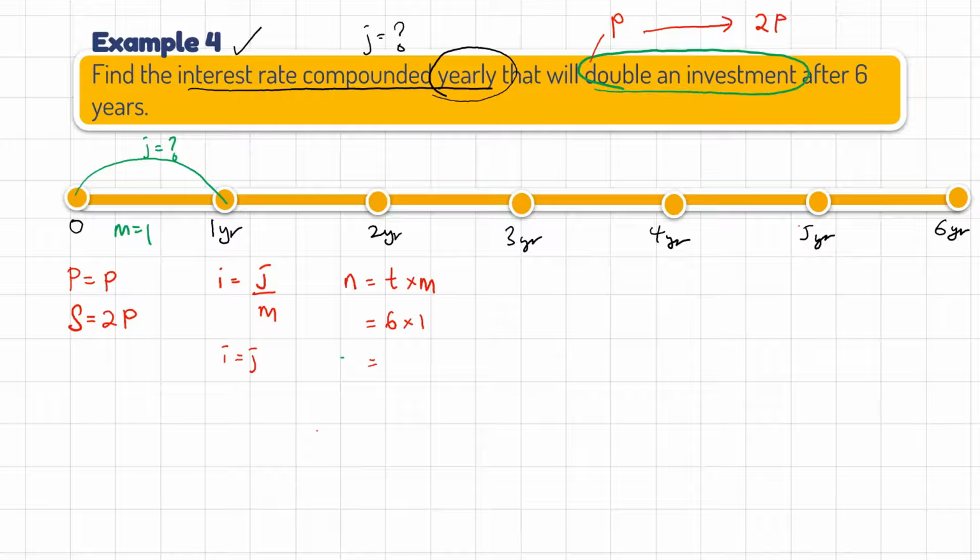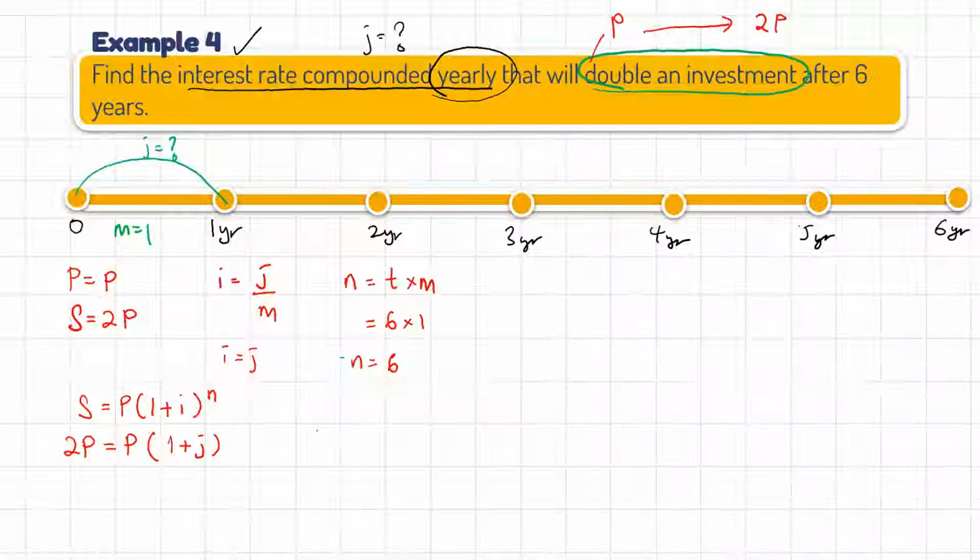So N will be equals to 6. The formula that we are going to use is S equals to P 1 plus I to the power of N. So 2P will be equals to P, 1 plus I is J, and our N is 6. To simplify the equation, I will leave it to you. Okay?